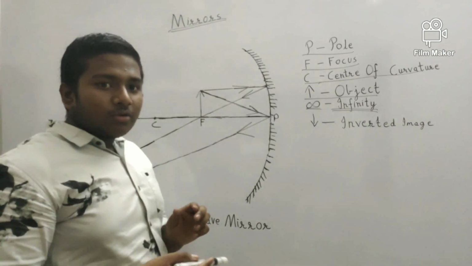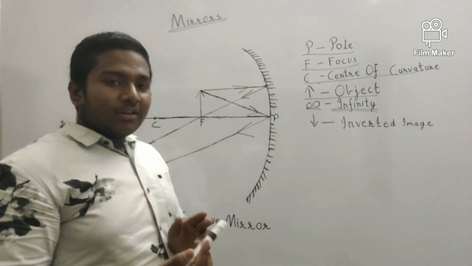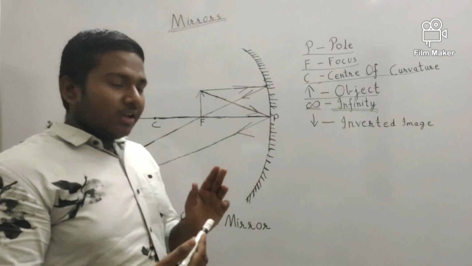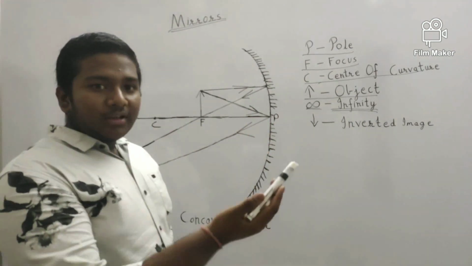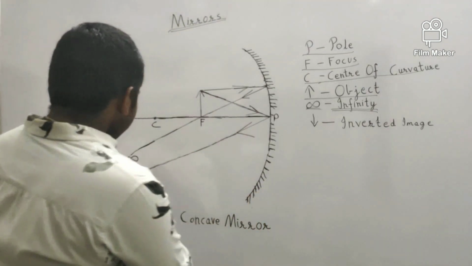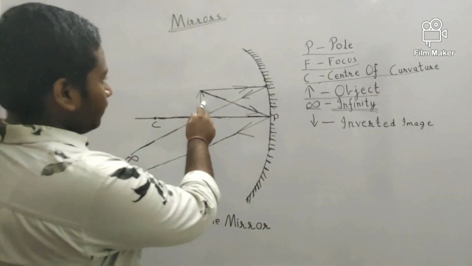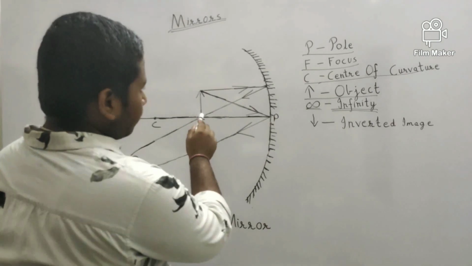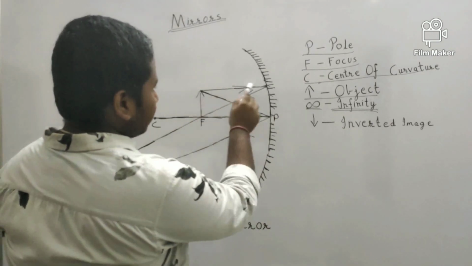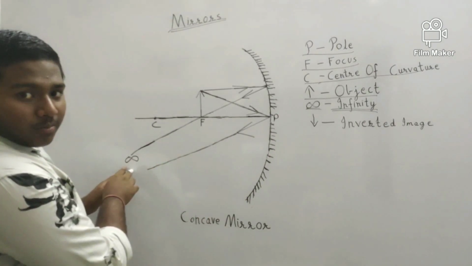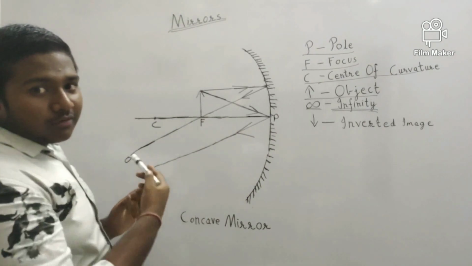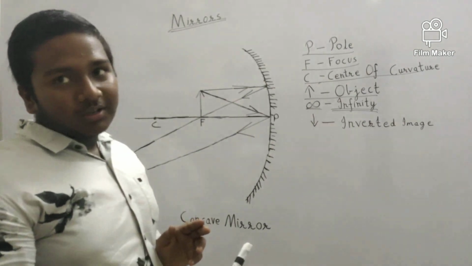And when the image is formed at infinity, the size of the image is enlarged, and because it is a concave mirror, the image of the object will be inverted. So we will find the image at infinity, and the image will be an enlarged image.